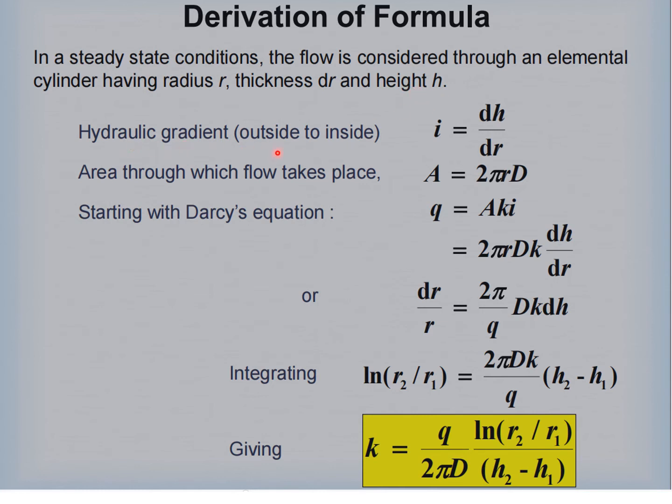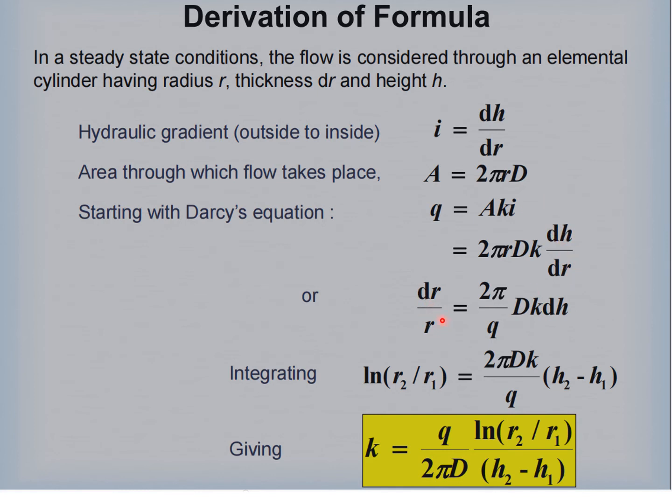So the hydraulic gradient, outside to inside, i is equal to dh over dr. The area through which flow takes place, A, is equal to 2 pi r D. Starting with the Darcy equation, Q is equal to A K i, so A is 2 pi r D times K times dh over dr. This is K, and this is i.